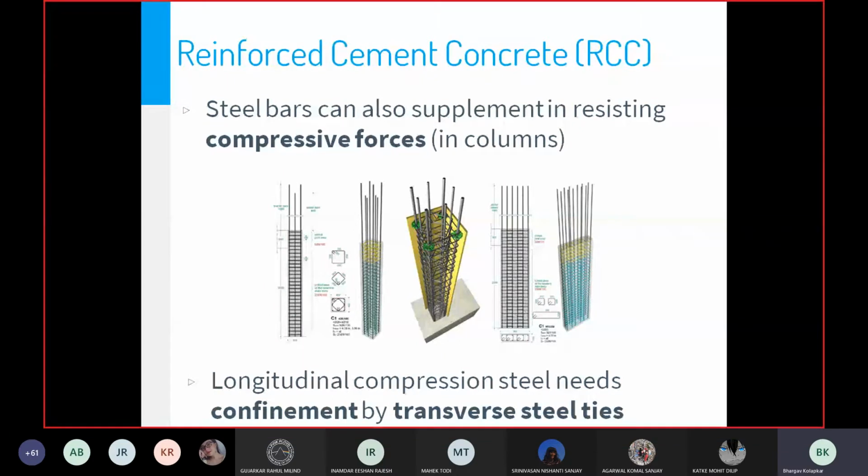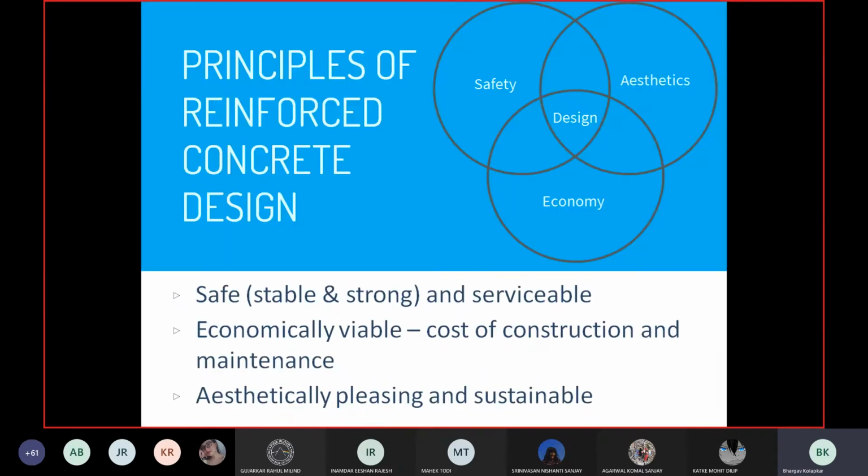Whenever concrete is confined, these ties confine the concrete, as a result of which its behavior enhances. So ties play a multi role here. The first role is that they make sure the longitudinal reinforcement does not buckle, and then they also enhance the compressive strength of concrete.